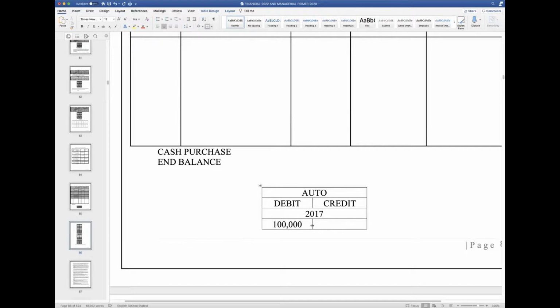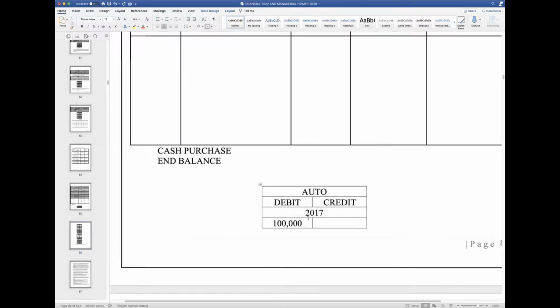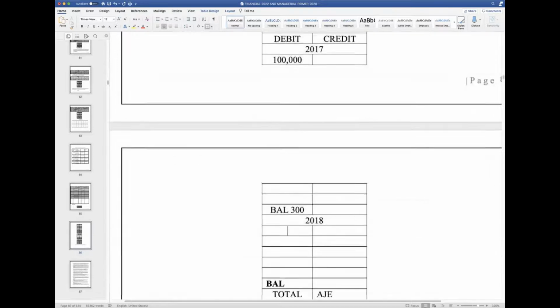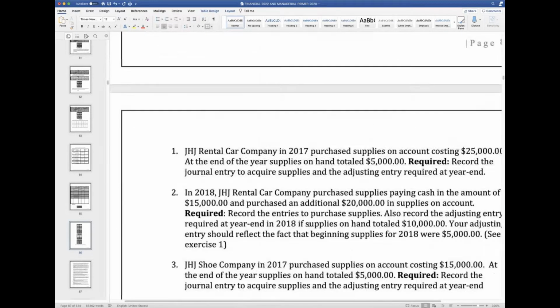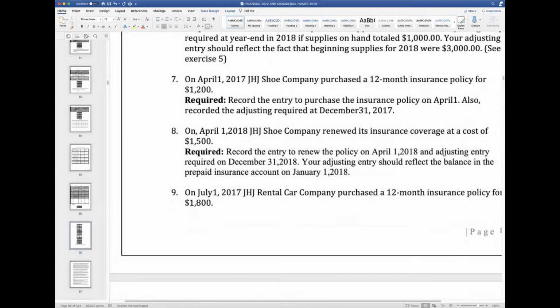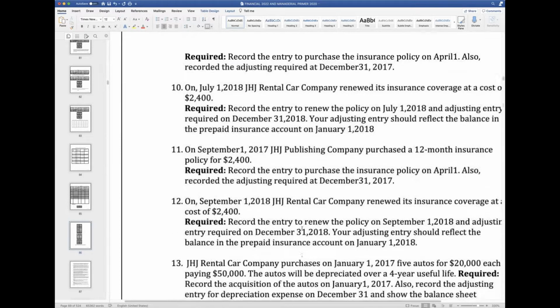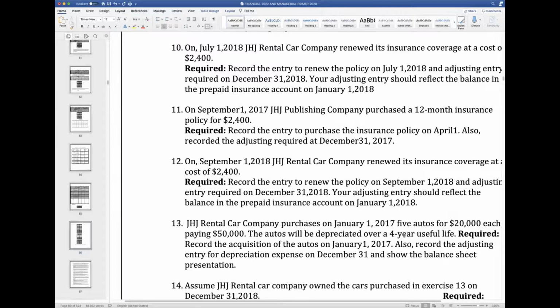But when you drive a car off the parking lot, what happens? It depreciates. Depreciation value. So this car was going to last how many years? Let me look at the problem again, because I clearly was looking at my numbers wrong. It's going to depreciate over a 4-year life.